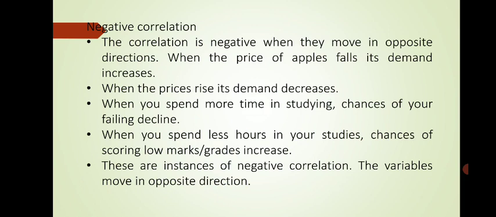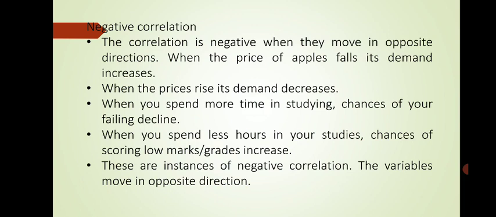For example, when the price of apples falls, their demand increases. So if the price of any commodity falls, the demand also increases. When prices rise, demand decreases. So there is negative correlation between price and demand.